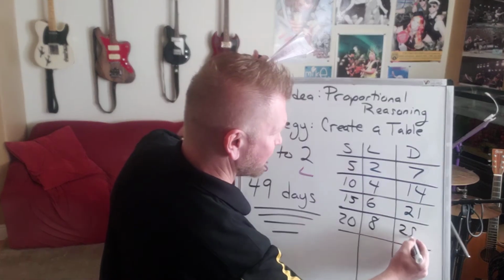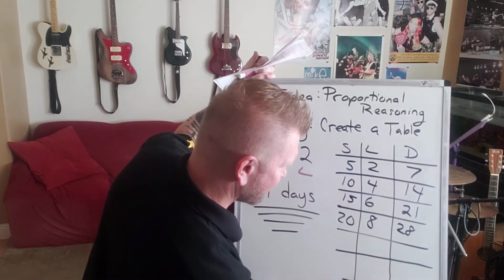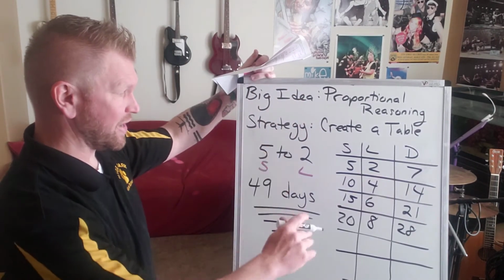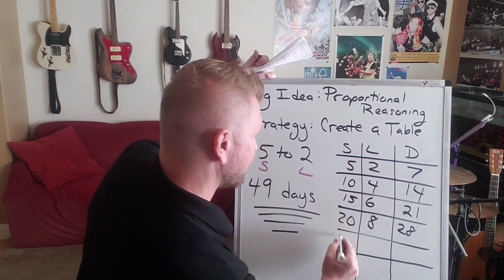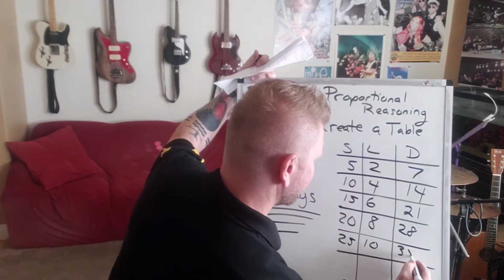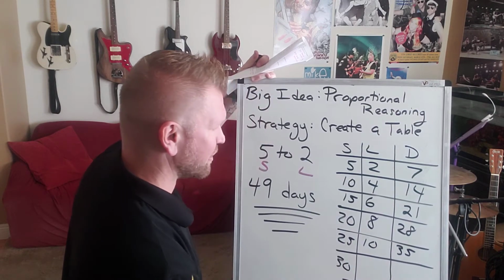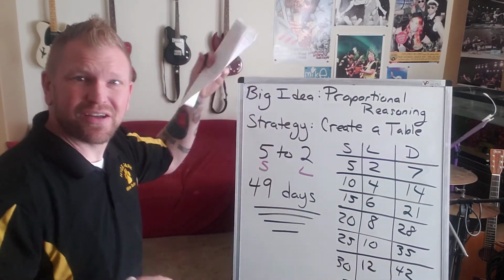That's a total of 28 days. So let's see if we do have room. It's going to go down for a while here because it's going to be 5, 10, 15, 20, 25, 2, 4, 6, 8, 10. That's 35 days. We're getting closer. Next number there is 30. This number is 12. That's 42 days.